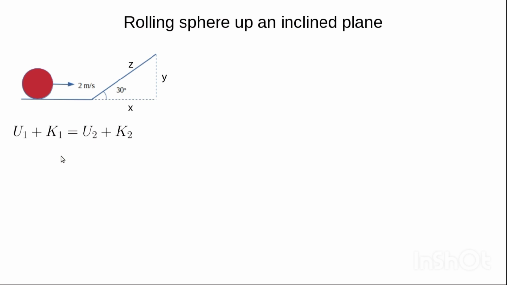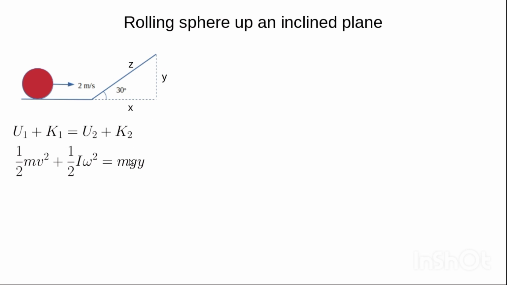But it is important for us to know that the kinetic energy of a rolling sphere is given by half m v squared plus half the moment of inertia times the angular velocity squared. So this part is the kinetic energy at point 1, equal to mgy, where y is the vertical height traveled.